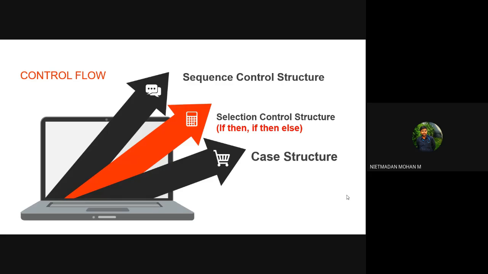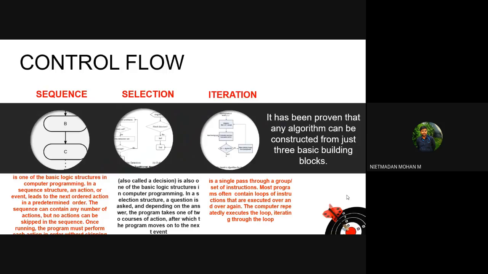Now coming to control flow, it consists of 3 types: sequence control structure, selection control structure and case structure. Sequence means the algorithm must be in sequence, that is step 1, step 2, step 3. Likewise, the algorithm must be in a sequence. Now coming to selection, if one condition is true, you go for one statement.